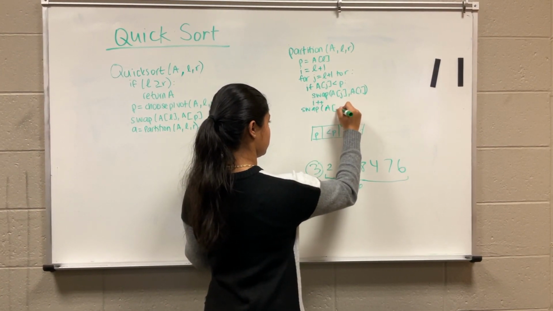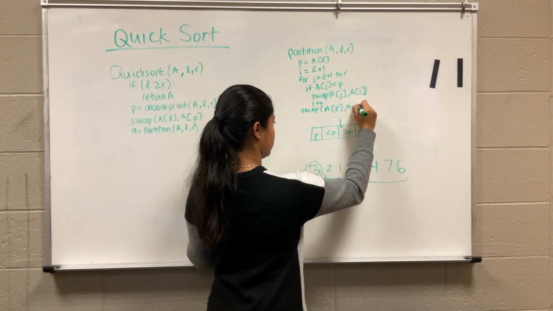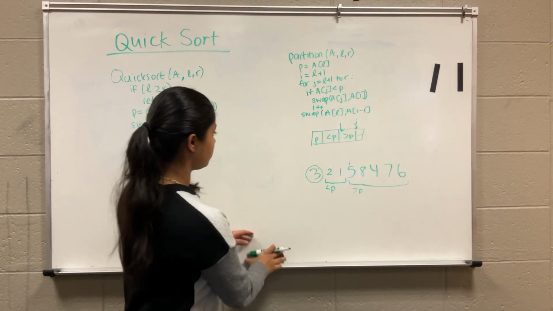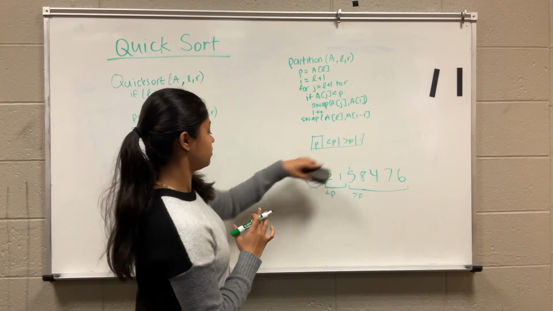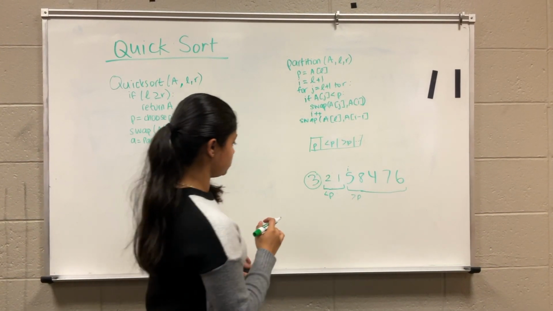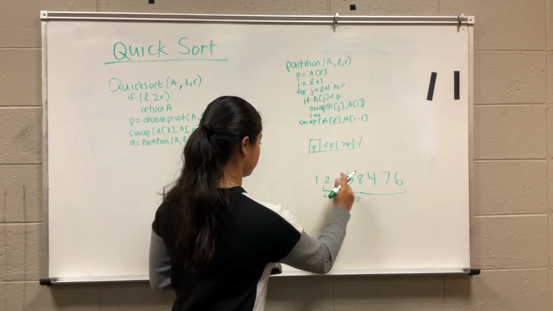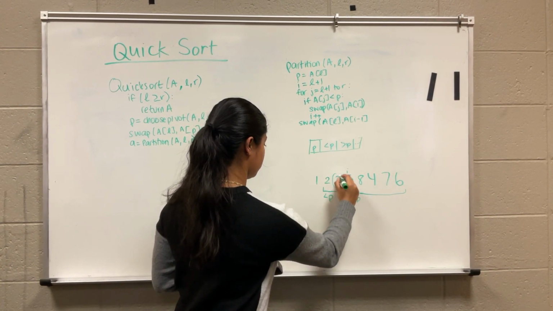So A[L] and A[I minus 1]. So that's my desired result right here. 1 is here, 3 is there, 3 is still a pivot.